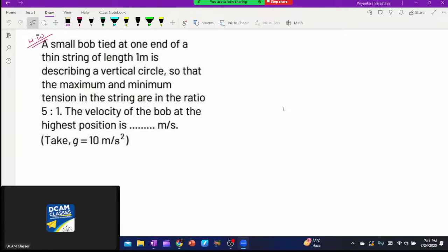Can you solve it? Sir, I'm getting V square is equal to 5. A small bob tied at one end of a thin string of length 1 meter is carrying a vertical circle. The situation is this.